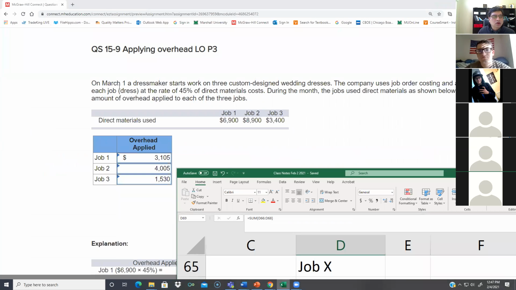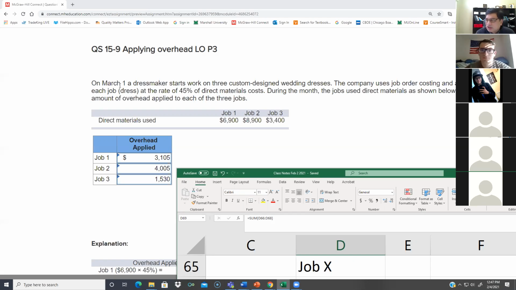Just to mention it, now we are doing job order costing. What is job order costing? It is basically one of the methods of costing a product or a service that you are offering. It is used for specialized jobs.